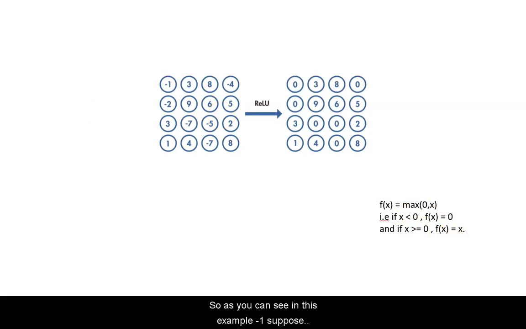So as you can see in this example, -1, suppose that this is an output of a neuron in a CNN, and then we are doing an activation using ReLU.